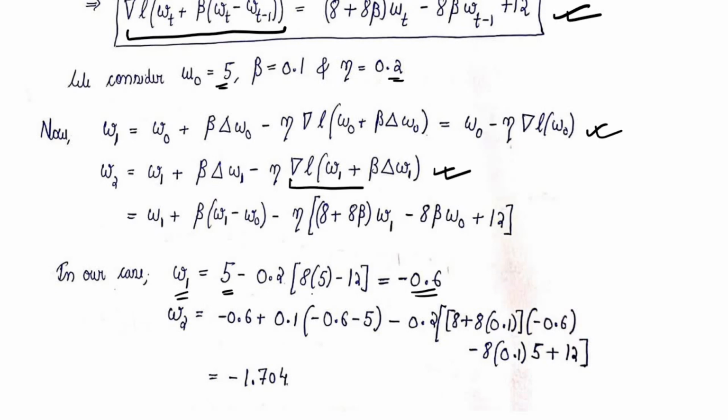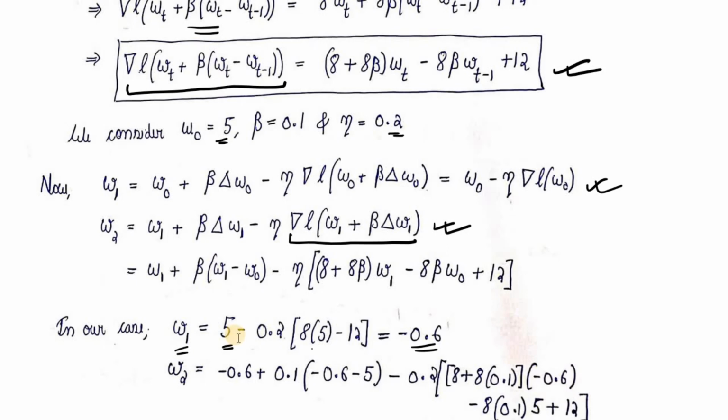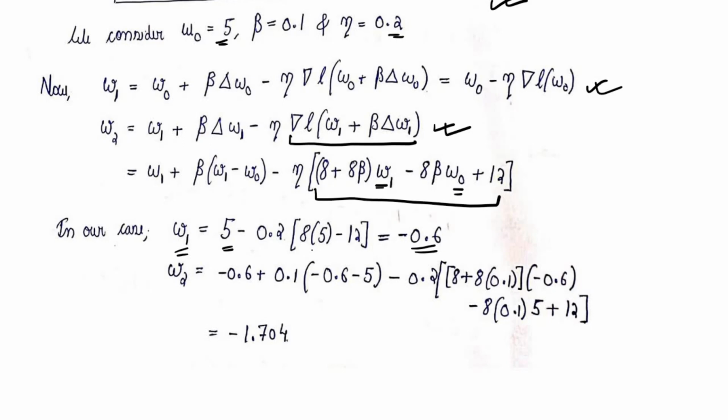Now this term we have already found out a step before, the gradient of L of Wt. This is exactly what I was talking about. I make a substitution over here with respect to 1, and on doing so I get a result which looks like this. Over here, I know both the terms W1 and W0, we just need to substitute them. On doing so, we get the value of W2 as minus 1.704.